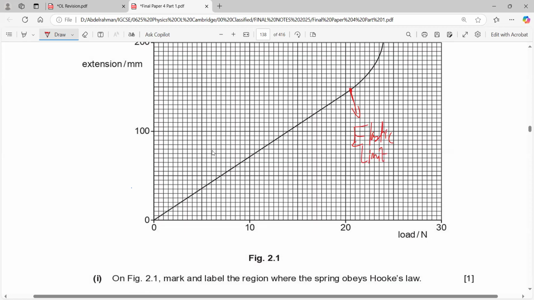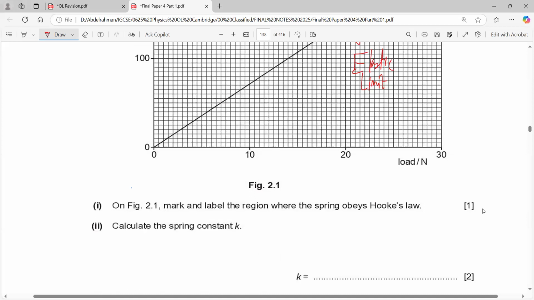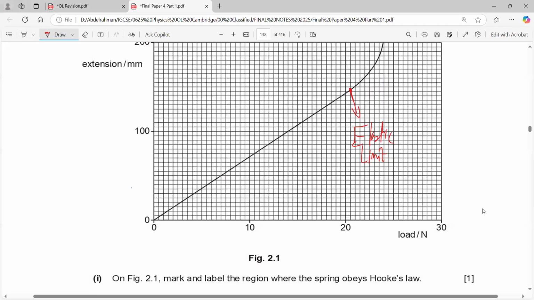طيب. Any point on the graph. لا, he wants you to specify the region. Mark and label the region where the spring obeys Hooke's law. يعني it starts from zero, all the way up to the elastic limit.